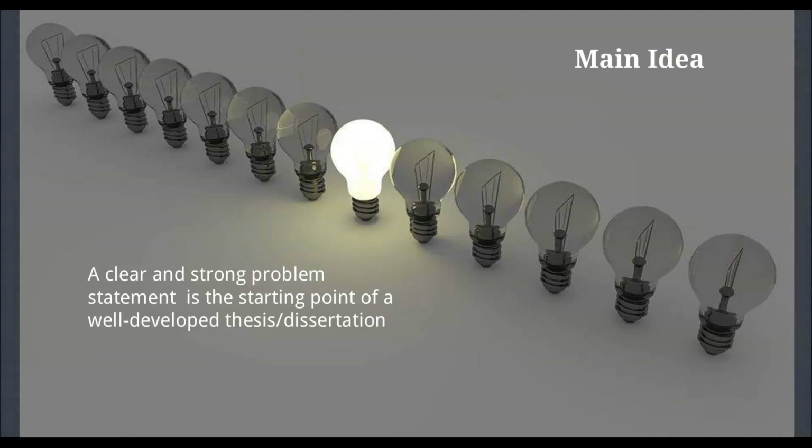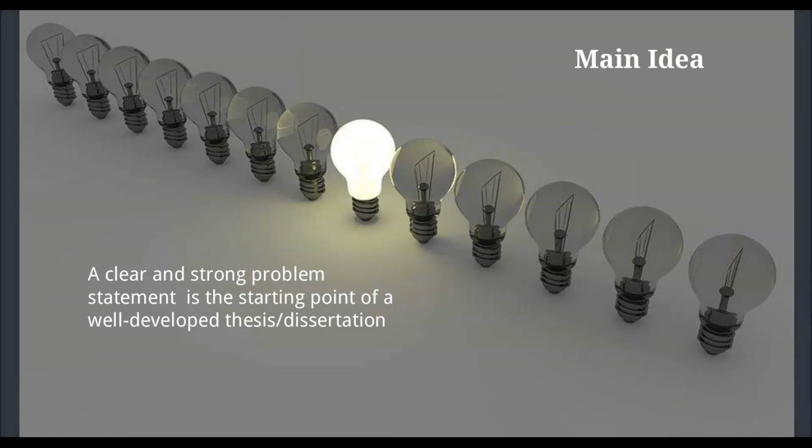So when you are in the methodology stage and you have to make a decision about, for instance, what kind of research design you should use, you have to go to the problem statement and see, okay, what kind of problem do I have? What do I intend to do with this problem? And that means what kind of data I will need in order to achieve my goal with this study.